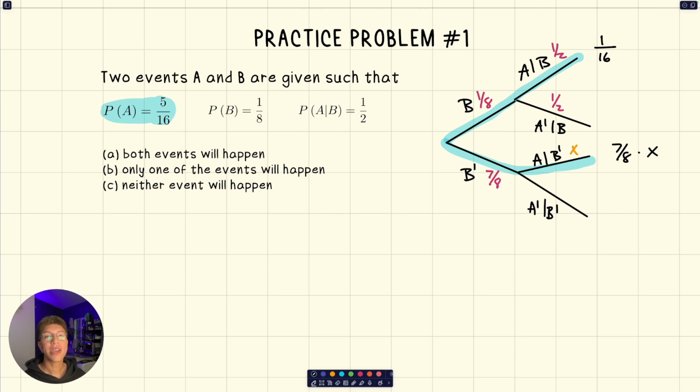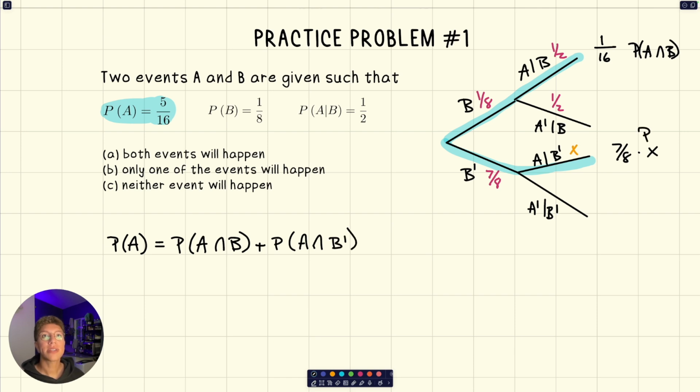So we can write an equation that says the probability of A is equal to the probability of A intersection B, the top branch, plus the probability of A intersection B not, which is our third branch, and we just plug those values in.